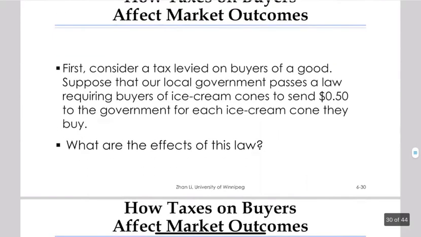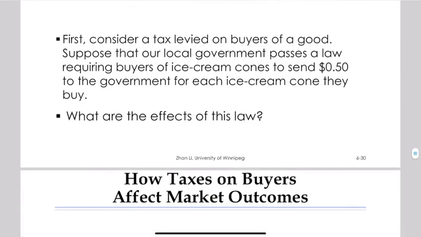Now let's start with the first case. Let's assume the tax is imposed entirely on buyers, right? So in this ice cream example, basically the government says ice cream buyers have to pay the entire $0.5 sales tax. Now let's see how this would affect the market supply and market demand.